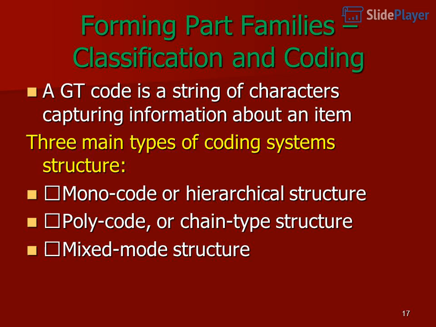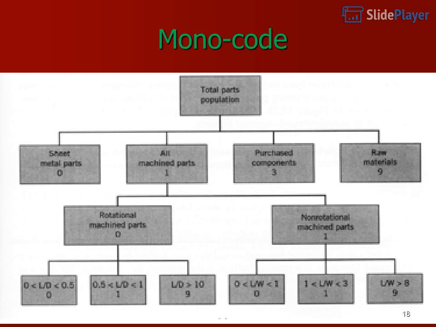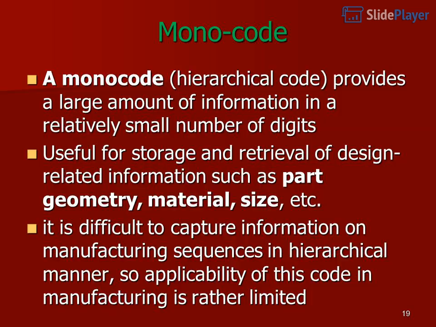Three main types of coding systems: monocode or hierarchical structure, polycode or chain type structure, and mixed mode structure. Monocode. A monocode, or hierarchical code, provides a large amount of information in a relatively small number of digits.